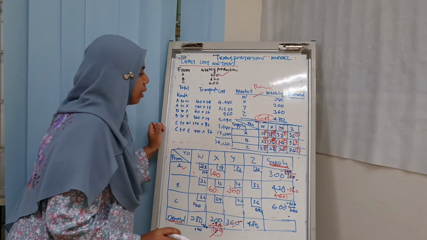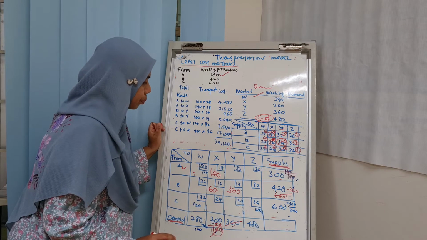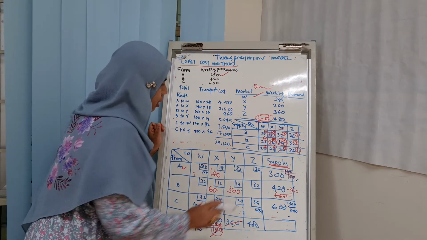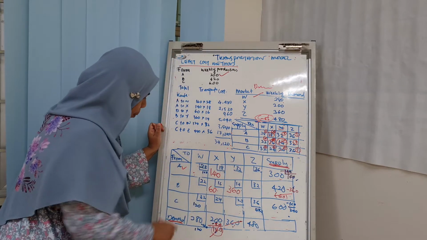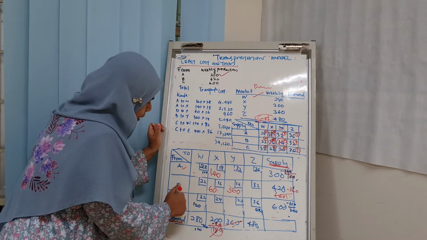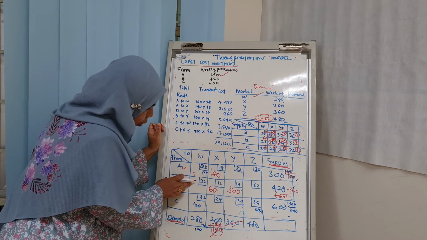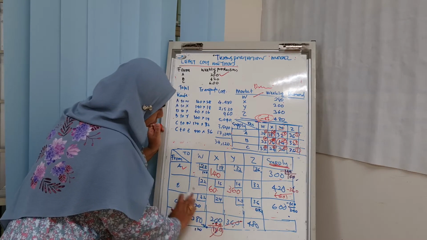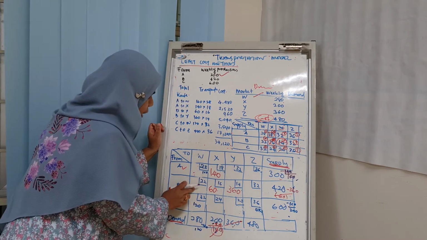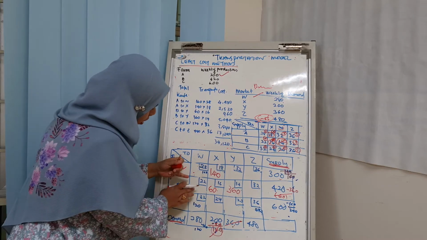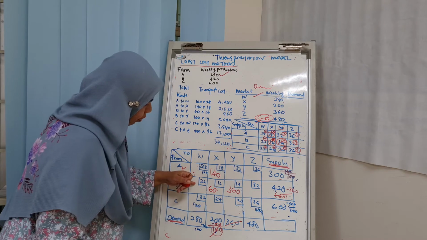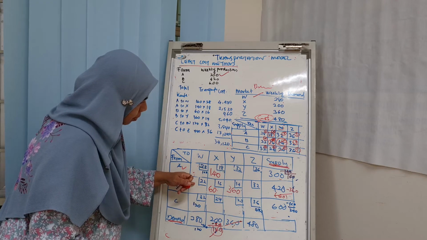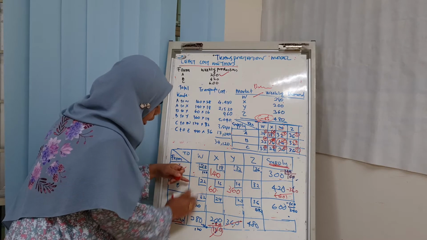And then the next one is number what? It's number 4. And then number 5 is 22 ringgit. Okay, in 22 ringgit, how many 22 ringgit? Only one. Okay, 22 ringgit here. We cannot put here either.